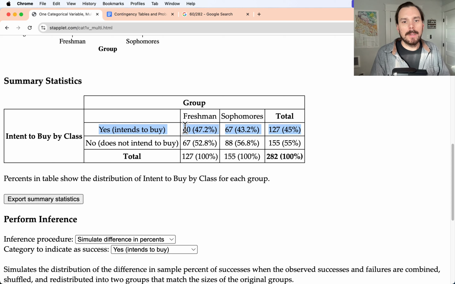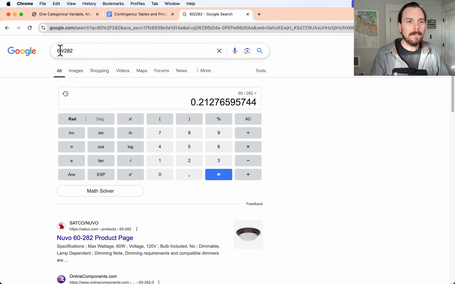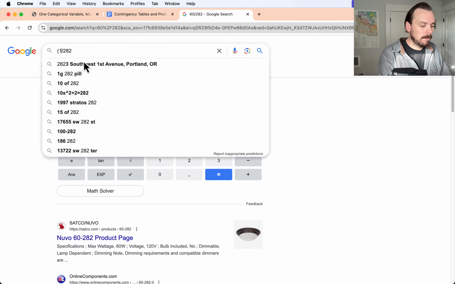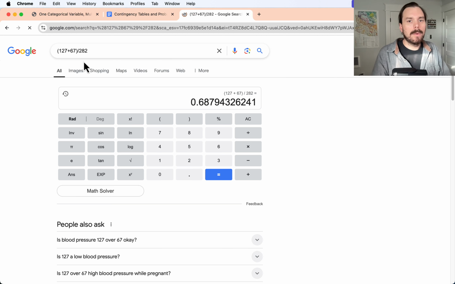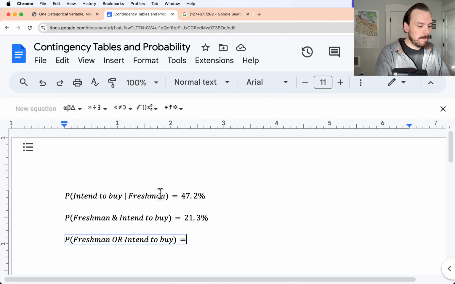We've already calculated 60 of the freshmen. We need another 67. So you could look at it as 60 plus 67, or 127 plus 67. And again, we're dividing by the whole entire group. This one will be about 68.8% of the group.